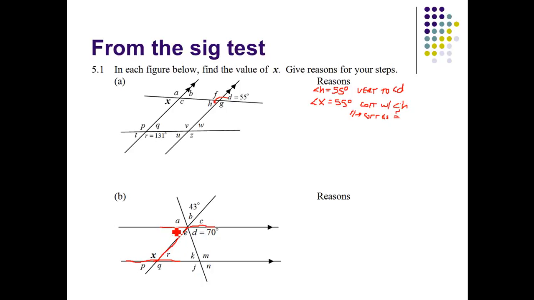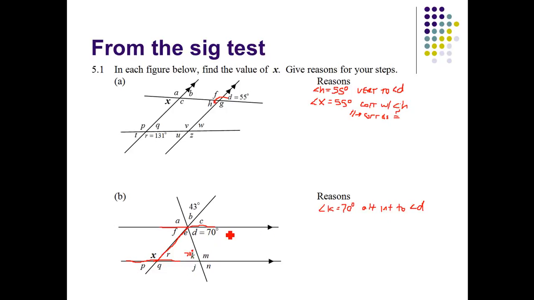Most students tried to fill in what they did know. I've got two parallel lines, so I could say angle K is equal to 70 degrees because it's alternate interior to angle D. Notice how these are on opposite sides, they're alternate interior, so I know that K equals 70.